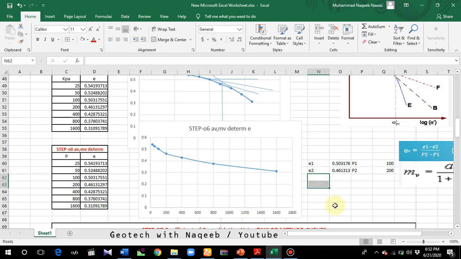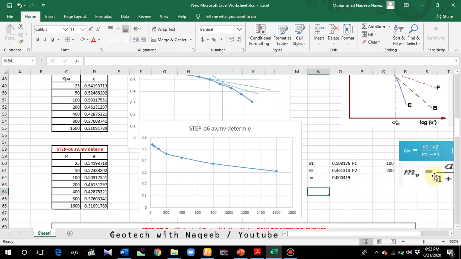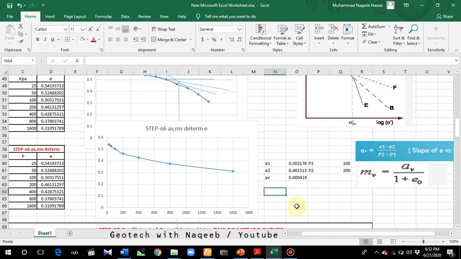Now I will be applying the formula: a sub v, coefficient of volume compressibility, equals e1 minus e2, divided by p2 minus p1, and this is how we obtain a sub v. Similarly, if you put the values in this formula, you will obtain m sub v.